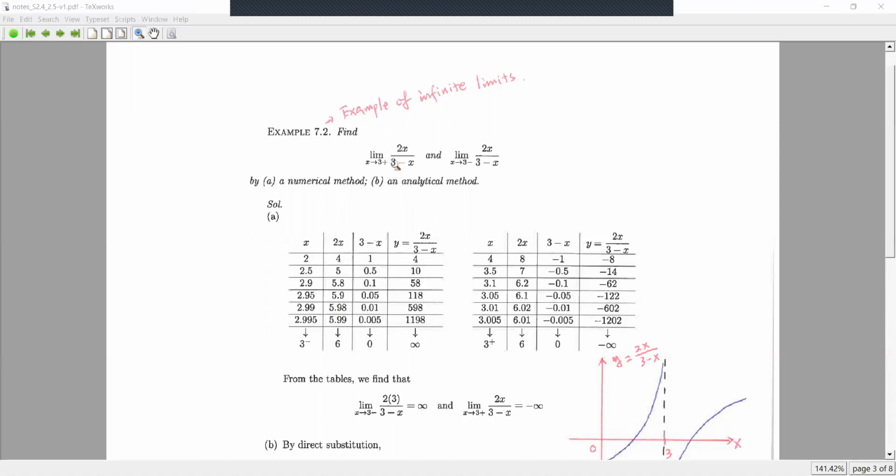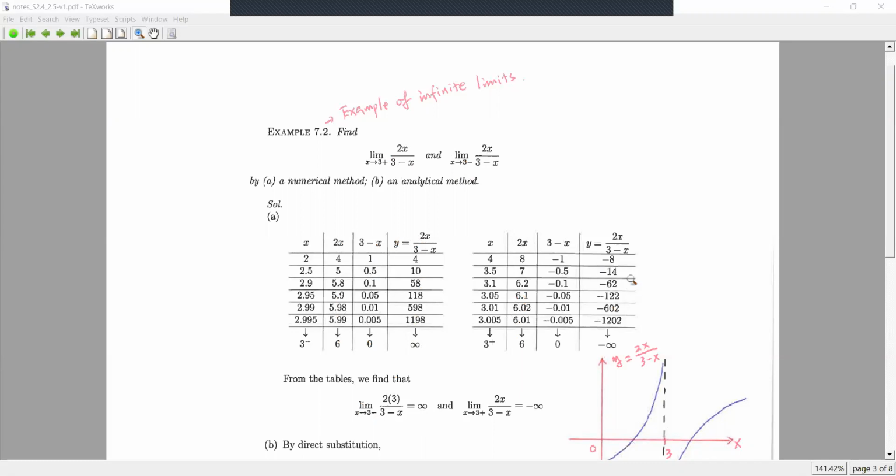The denominator of the function approaches 0. The function, numerator over denominator, approaches positive infinity. So the left-hand side limit is positive infinity. Because the limit is infinity, this limit is an infinite limit.